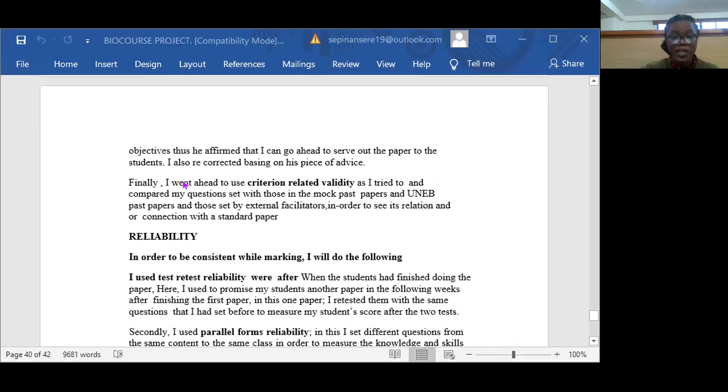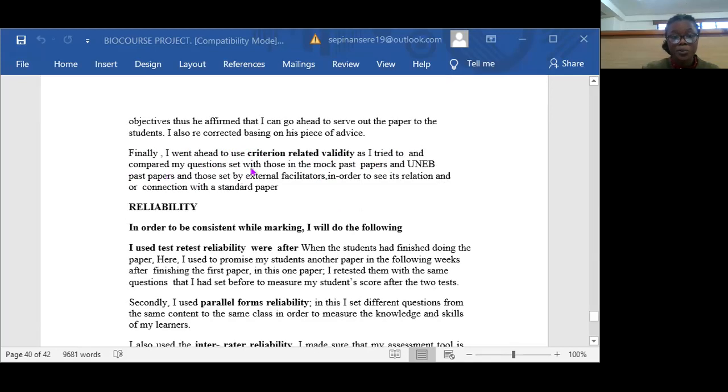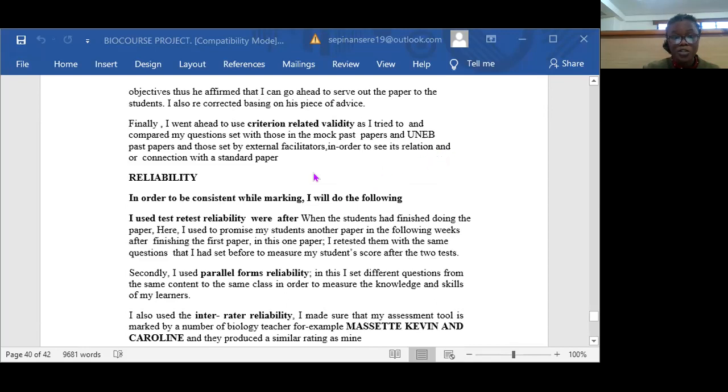And I also used criterion related validity, where I went to past question papers and those set by external facilitators in order to see the relation and connection with a standard paper.